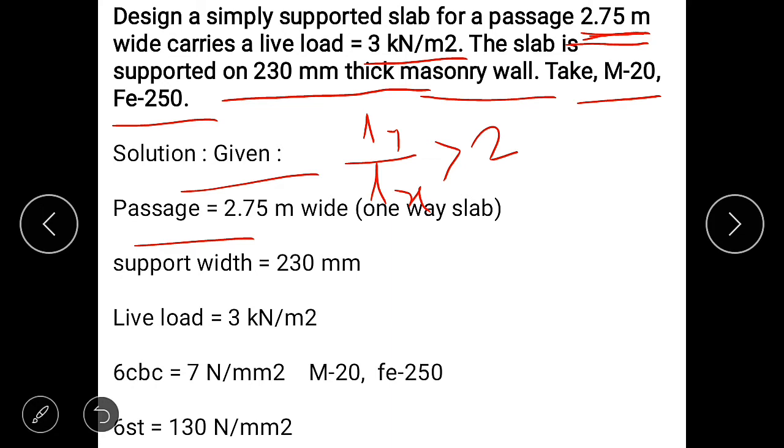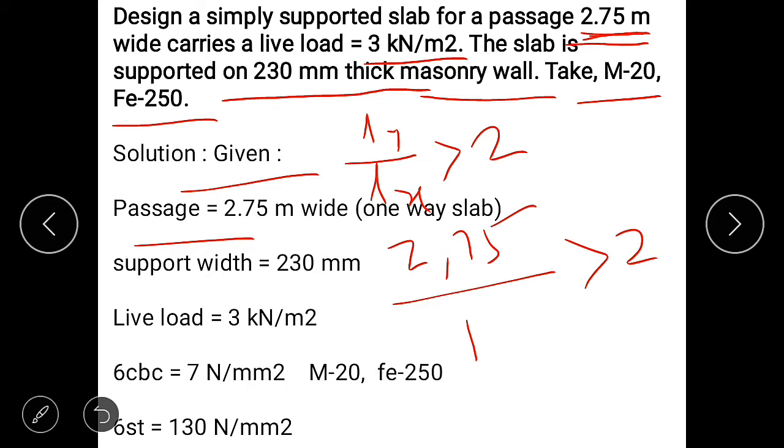Here the passage width is given, Ly is 2.75. If Lx, the shorter span length, is not given, then consider it as 1.